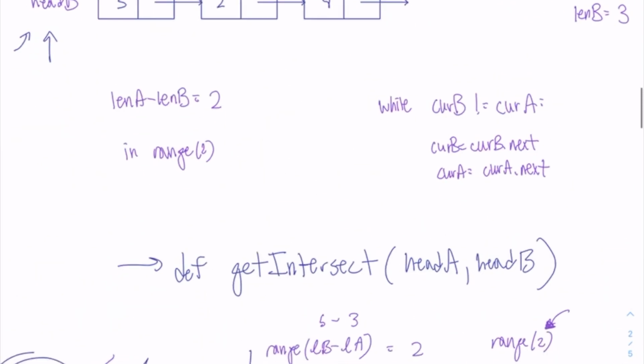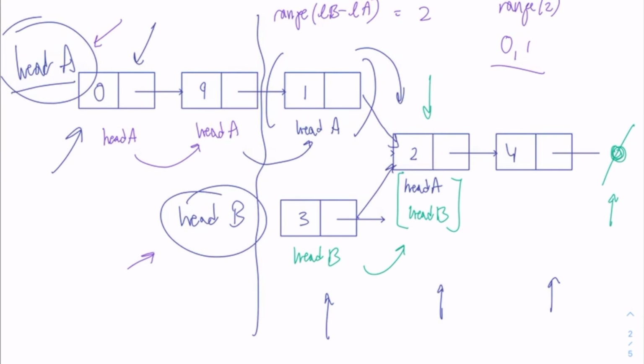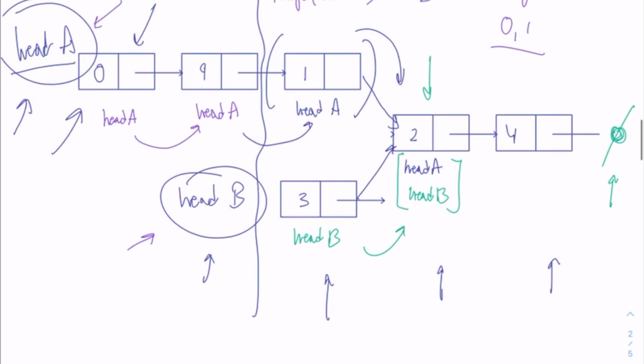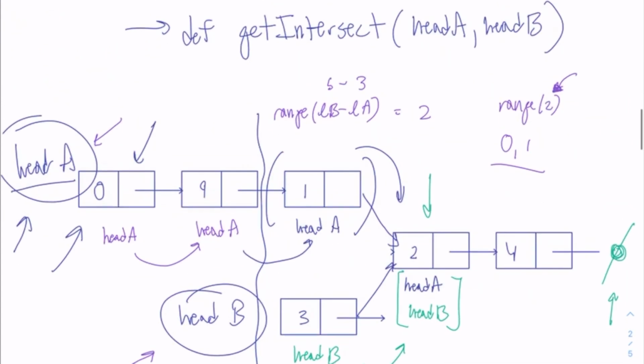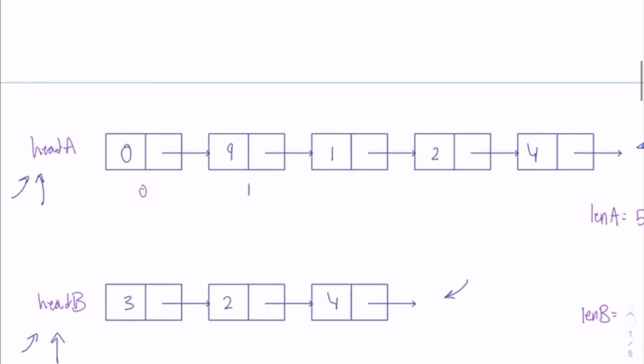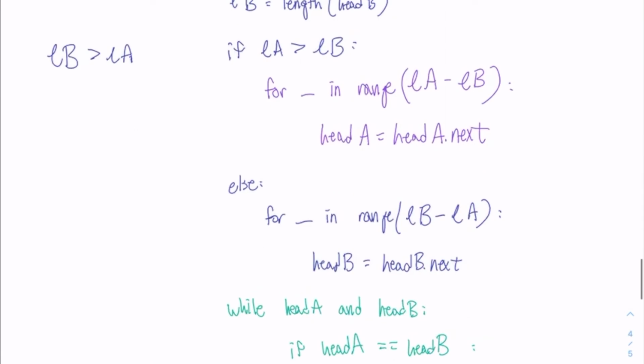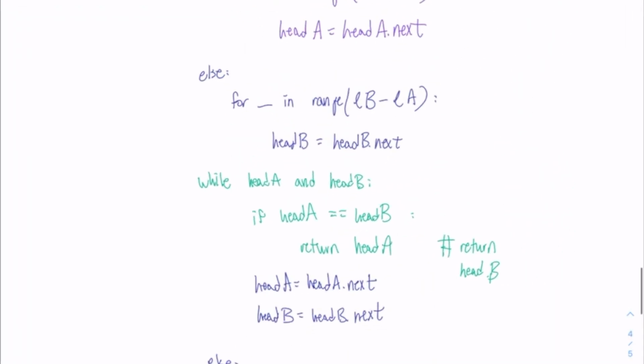So in other words, if these two linked lists, head A and head B, never merge, then we just return none because there's no node that starts the intersection. And that's pretty much it. We have completed the intersection interview problem.